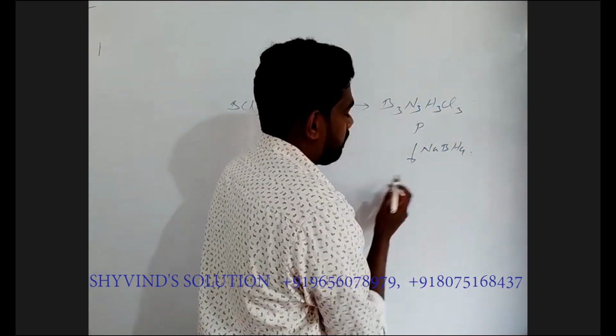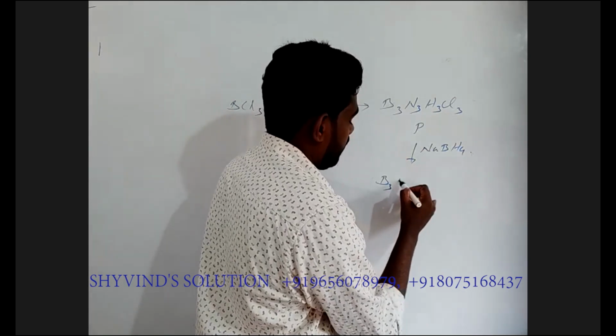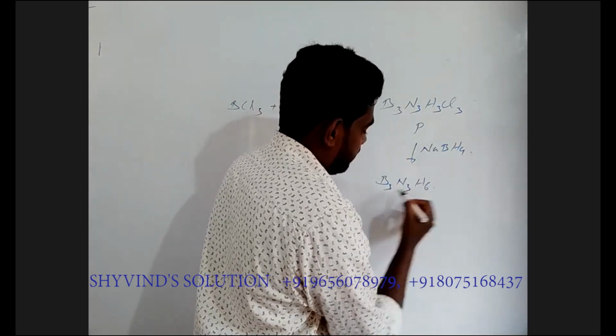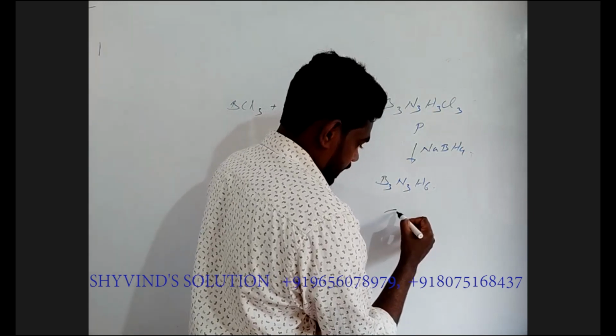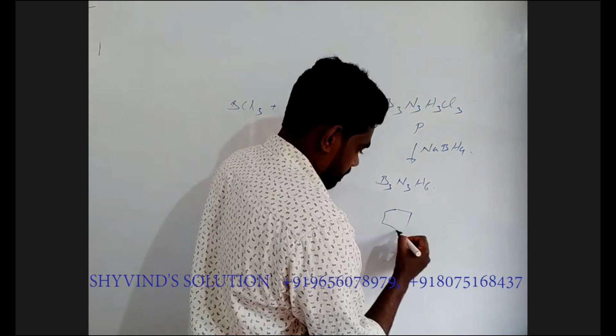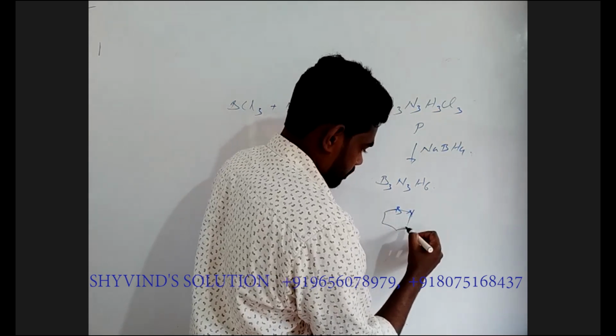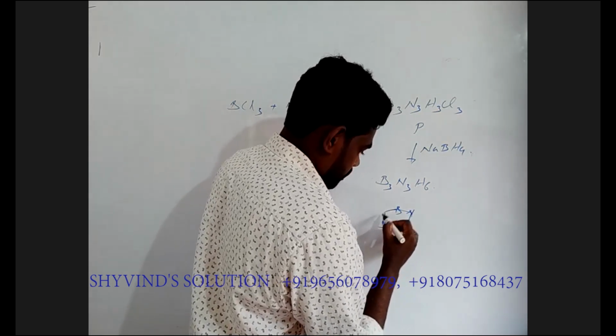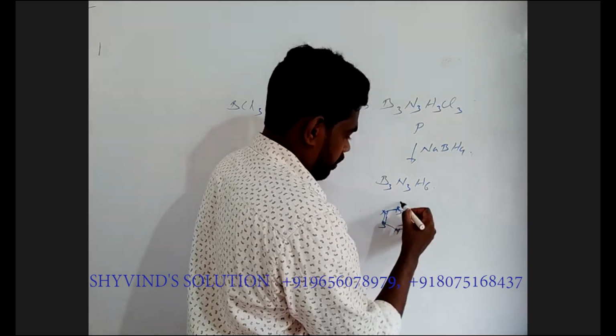So the chlorine is replaced by hydrogen. We will get B3N3H6. This is borazine. The structure of borazine is like this. This is known as inorganic benzene.